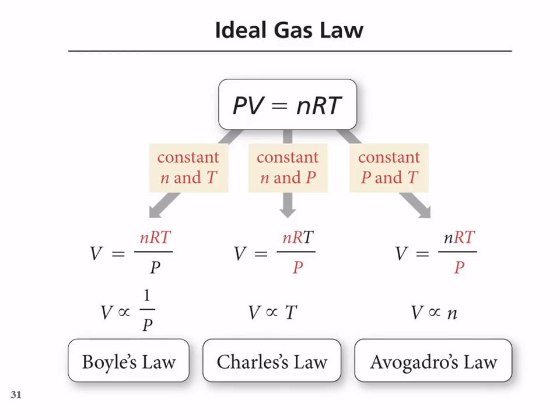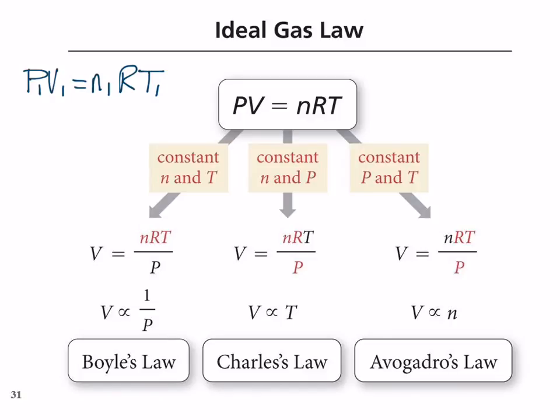So this is showing how you can rearrange and end up with these other gas laws. What I would like to show you is that you can memorize just the ideal gas law, and it's actually very easy to derive those simple gas laws from it. So P1V1 equals n1RT1.